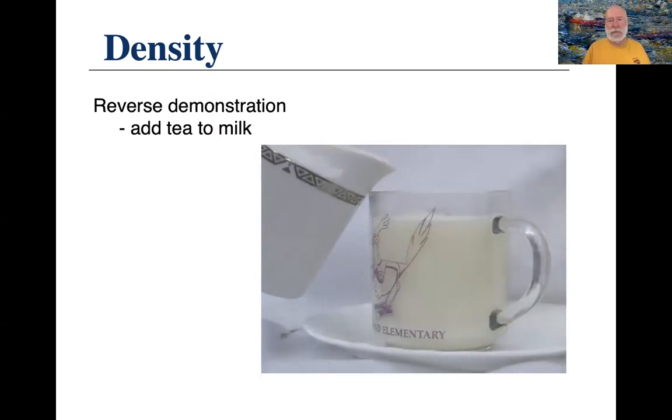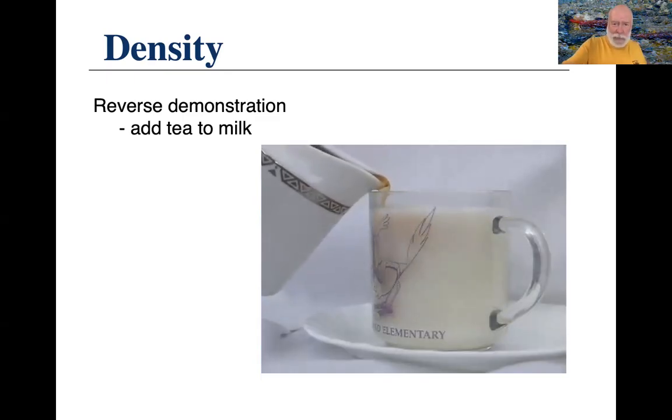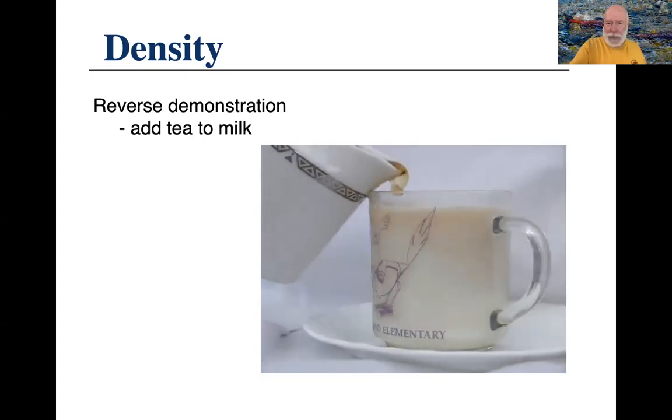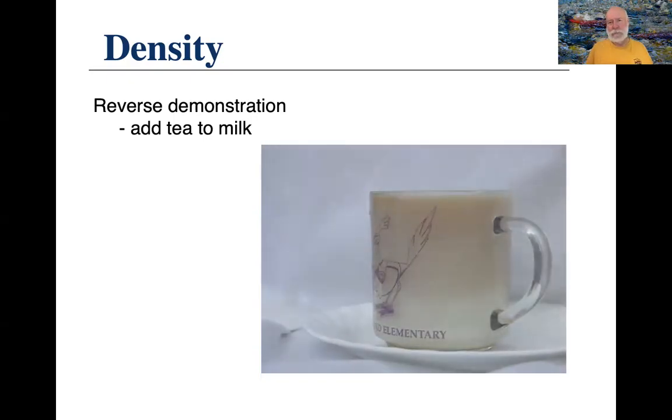The tea is hot. It dives down a little bit because of gravity, but then it tends to come back up to the surface because it's hot. It has a lower density, and so it tends to collect up near the surface. And so again, we see some evidence of stratification there within the mug.